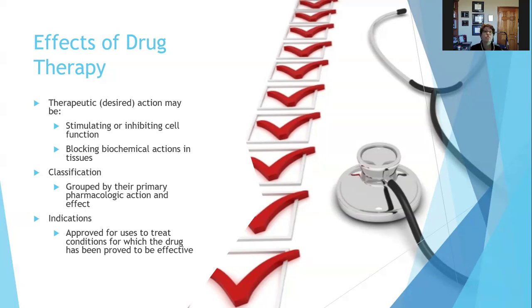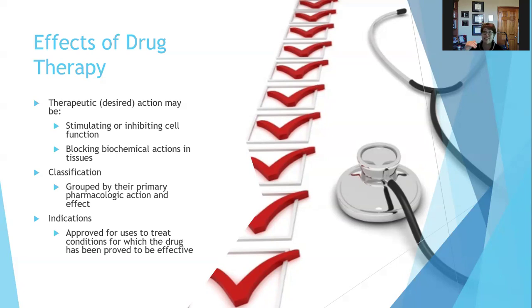those proton pump inhibitors. Drugs are usually classified by their primary pharmacologic action and effect. So we have diuretics and antihypertensives and calcium channel blockers. So we say, what's their primary action in the body? Indications are approved uses of the drug to treat conditions for which the drug has been proven to be effective.